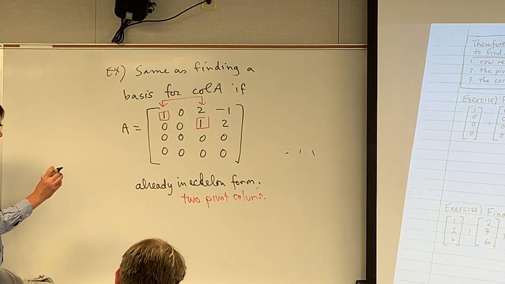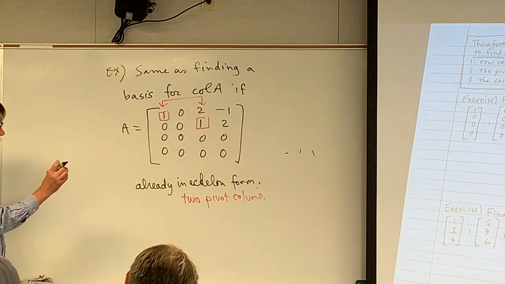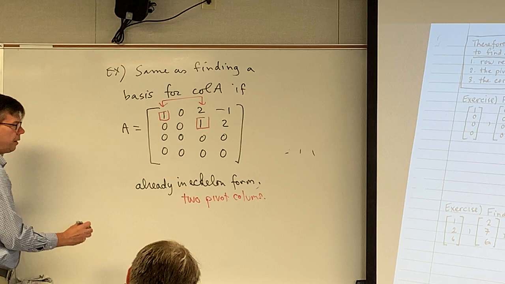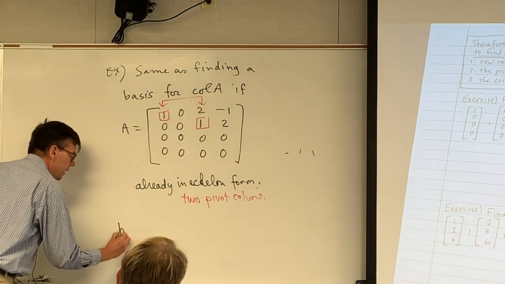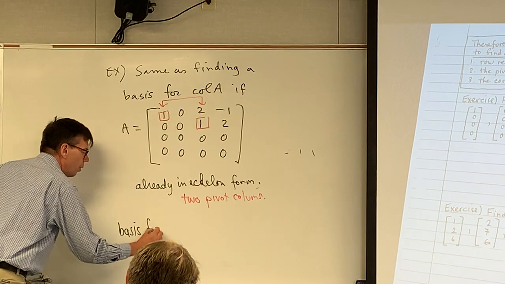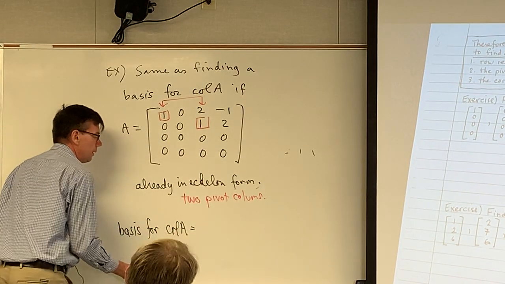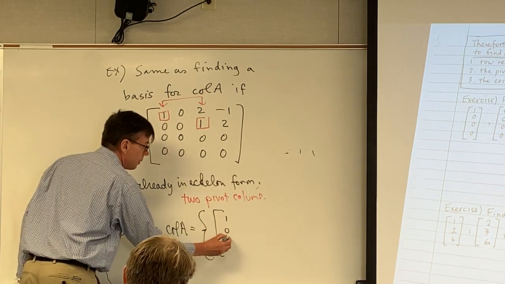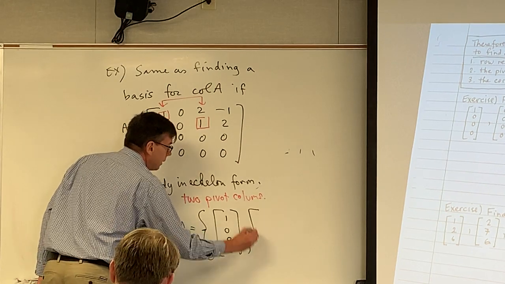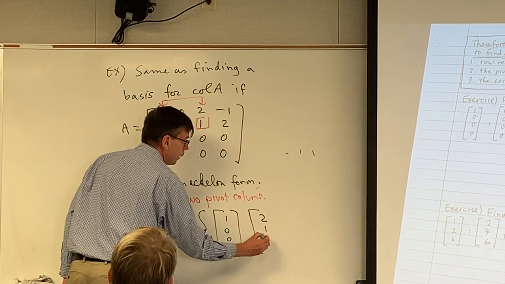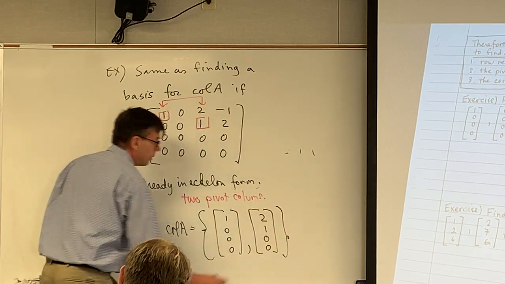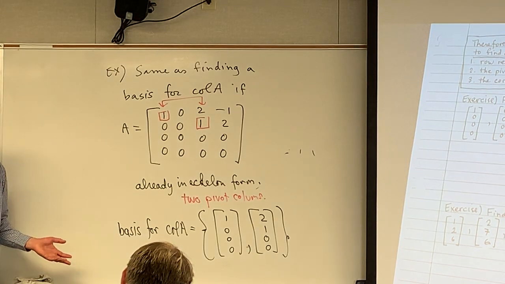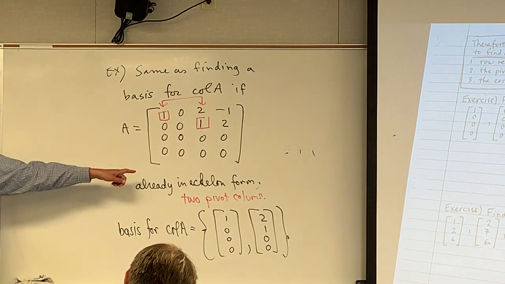Now, I think so our basis for column A is just going to be those 2 pivot columns, 1, 0, 0, 0, and 2, 1, 0, 0. That's it. So we're just looking for the pivot columns.